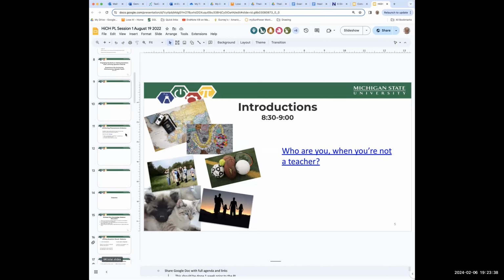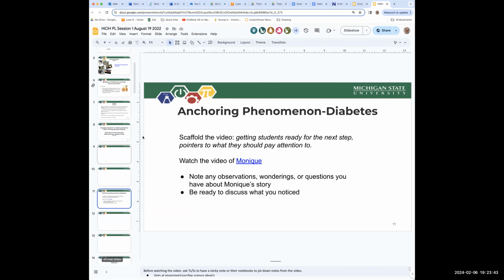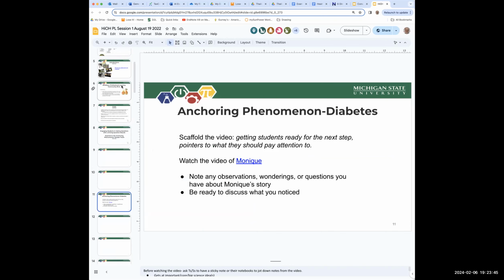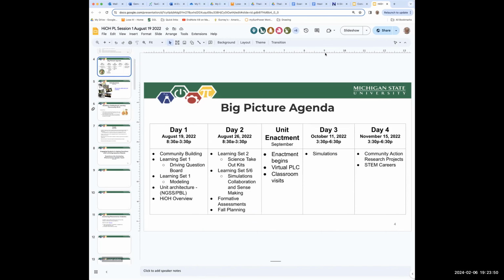So this is day one, but you'll see on slide 4 that those are basically the 4 days that we have with the teachers, the 2 full days, day 1 and day 2. And then they typically begin unit enactment. Day 3 is usually after they've been enacting the unit for a while, although this is August, and teachers typically don't start enacting the unit until probably mid-September.